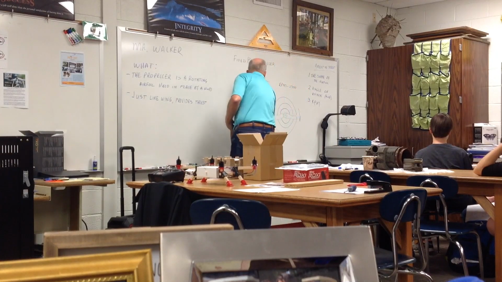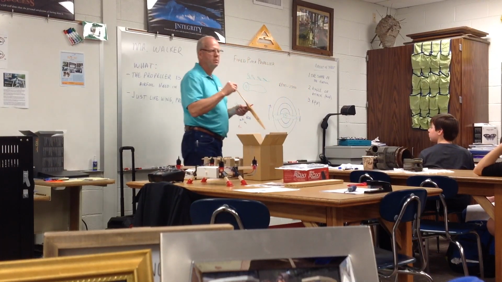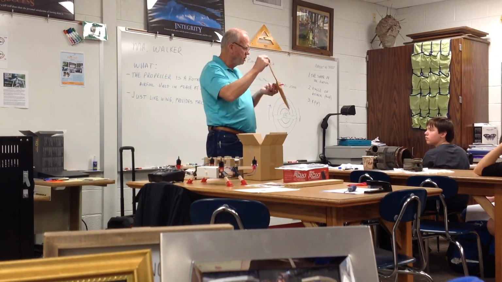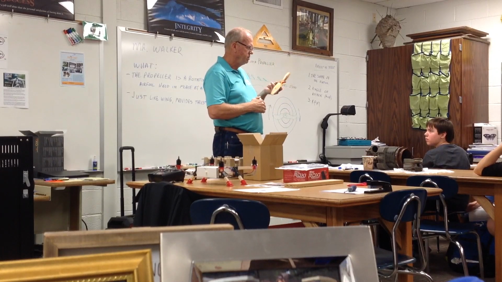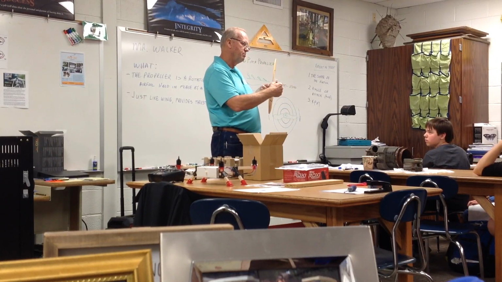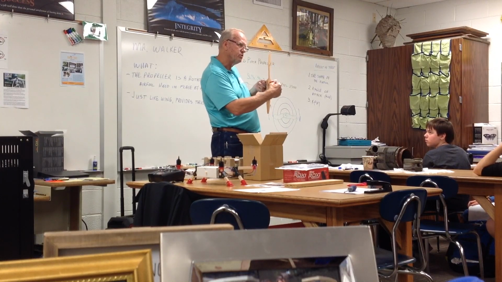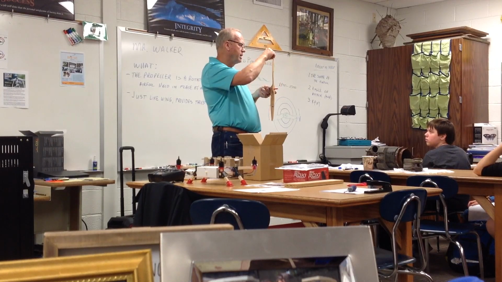I want you to think about something. When the motor goes 2,300 revolutions a minute, the tip of that motor, how far does it travel? This tip, not much. It sits right there and travels that far. How far does the outer tip travel?